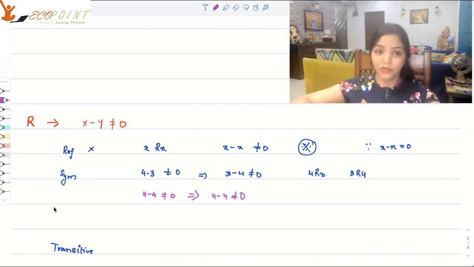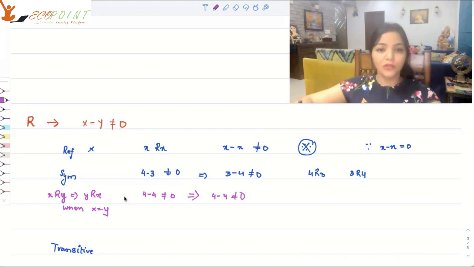What I'm trying to tell you here is that you have, say, x, y, they're equal. That is, you have xRx or you have xRy. Is xRy implying yRx when I'm taking a case that x is equal to y?